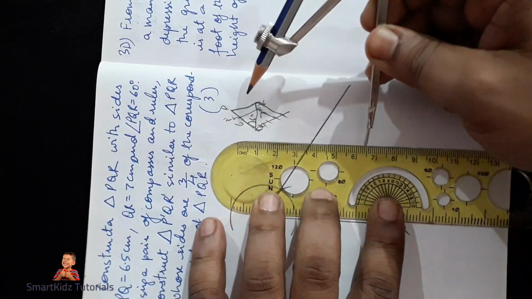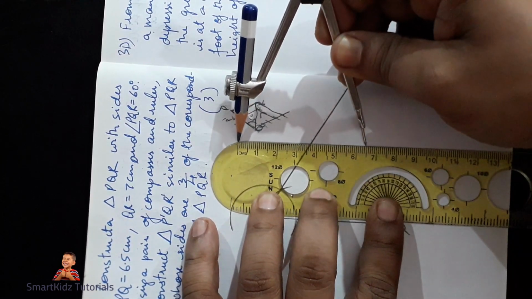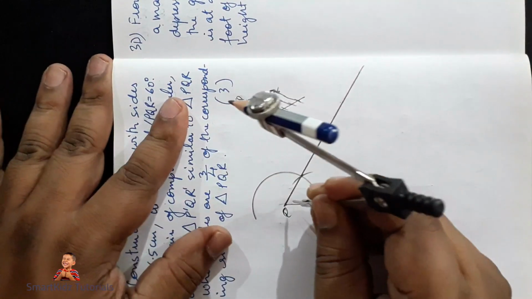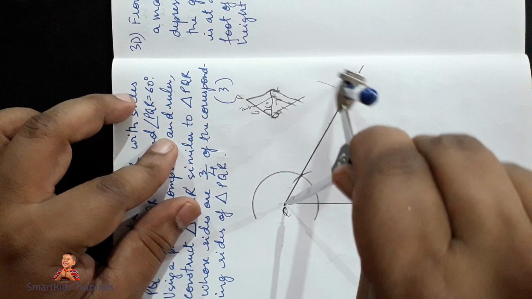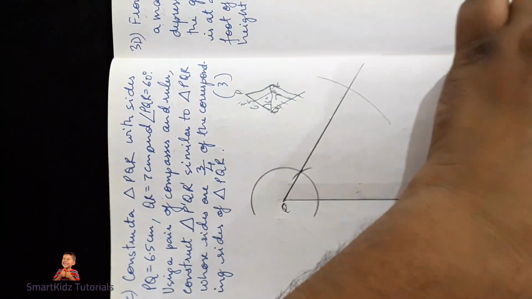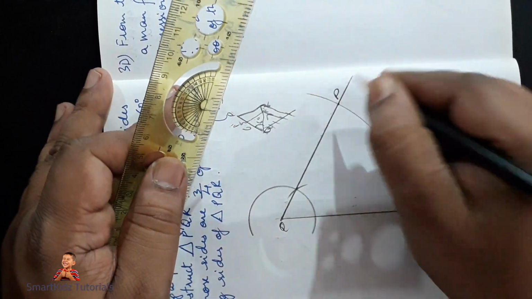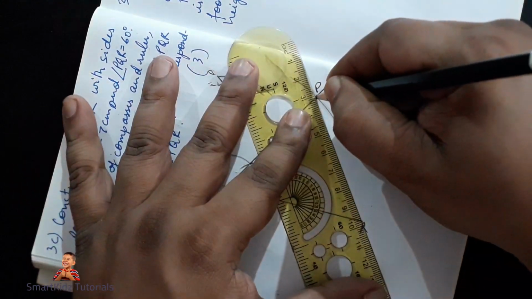This is 6.5 from here to here. So keep the pointer here and cut this line here. Where this arc cuts this line, that is 6.5. We can mark this point as P, and we'll join P to R.